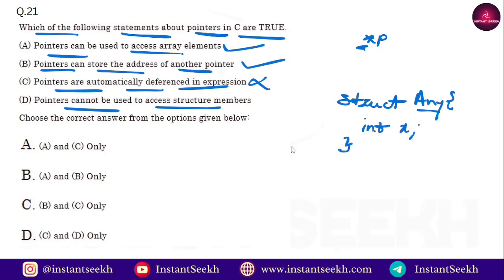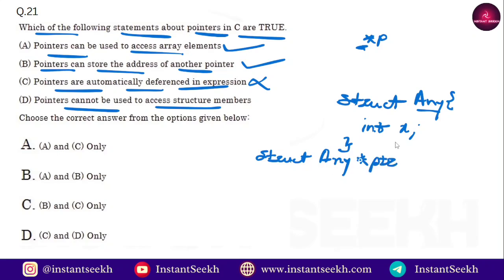You can create a pointer to the structure like this: struct, then your structure name, and your pointer, let's say asterisk ptr. You can create that.